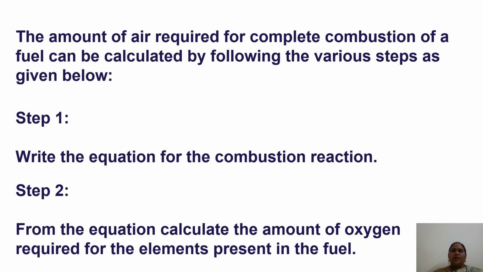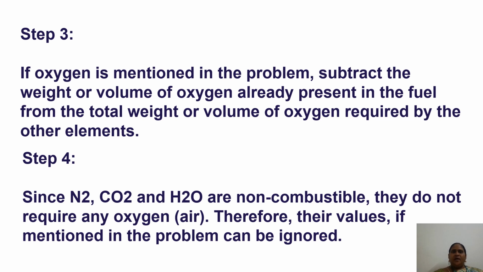Step 1. Write the equation for the combustion reaction. Step 2. From the equation, calculate the amount of oxygen required for the elements present in the fuel. Step 3. If oxygen is mentioned in the problem, subtract the weight or volume of oxygen already present in the fuel from the total weight or volume of oxygen required by the other elements.